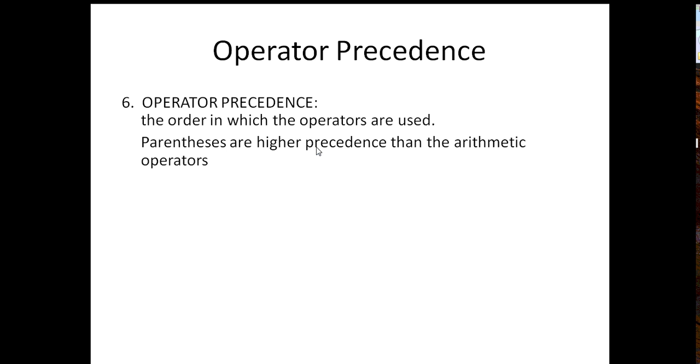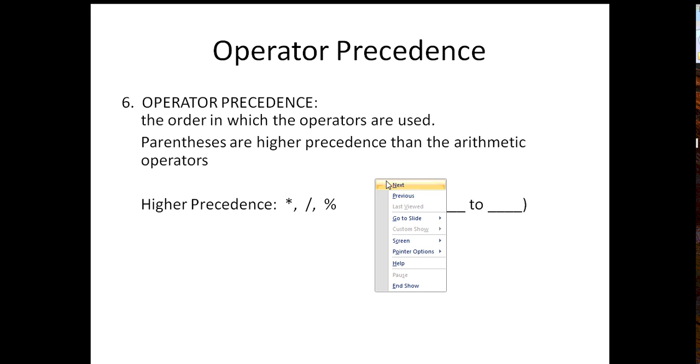And so parentheses, of course, are the higher precedence. They come first before your other arithmetic operators, and that is what we're used to, so that's not a problem. The higher precedence, after your parentheses, would be multiplication, division, and modulus, or remainder.